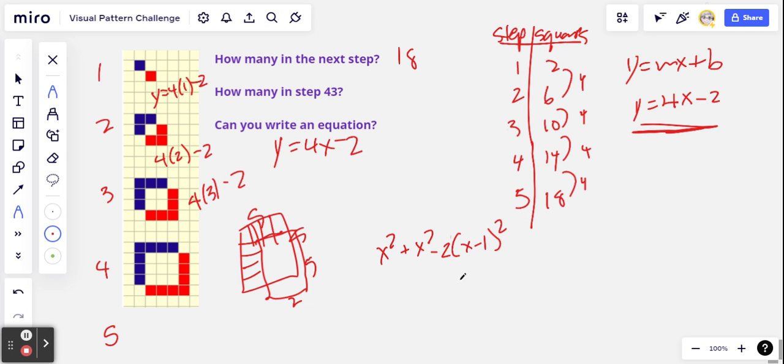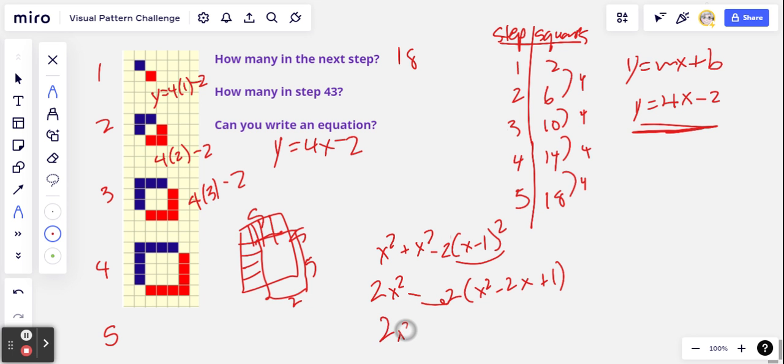I'm just curious if this is going to come out to be the same thing. So I'm going to do some simplifying. First of all, x squared plus x squared would be 2x squared. And then we're going to subtract this big thing, but let's work on this. Let's FOIL that out. So we've got that 2 times x squared minus 2x plus 1. So I think I squared the x minus 1 correctly there. And then let's distribute the -2 through. We'll attach this negative sign here.